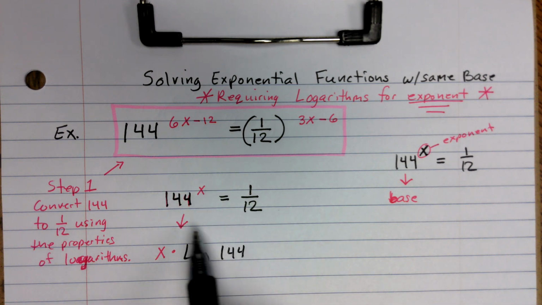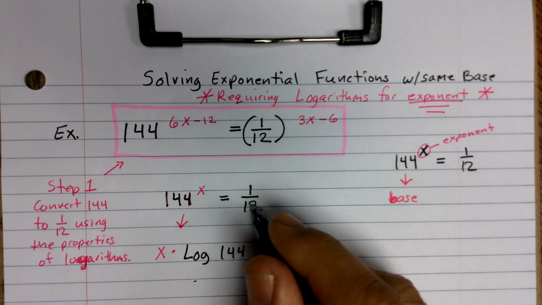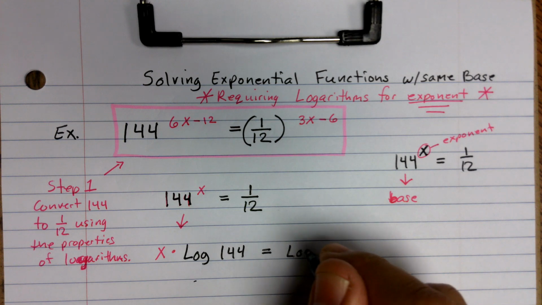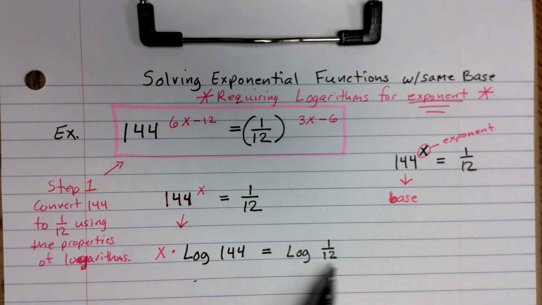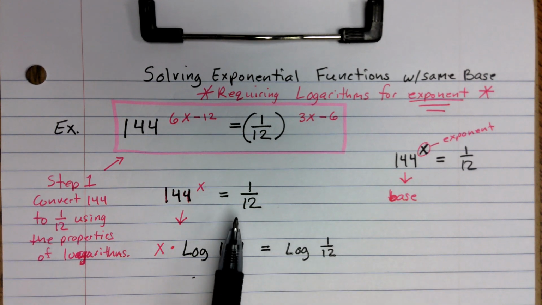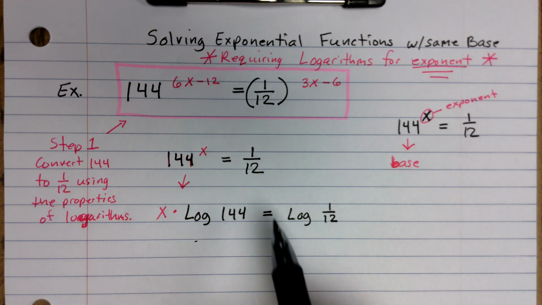So I'm taking an exponent and I'm writing it as a logarithm. And I'm going to set this equal to the log of 1 over 12. And while this doesn't necessarily solve it, right? It didn't turn it into the same base. It is going to let me solve for what exponent I need to convert it to 1 over 12.